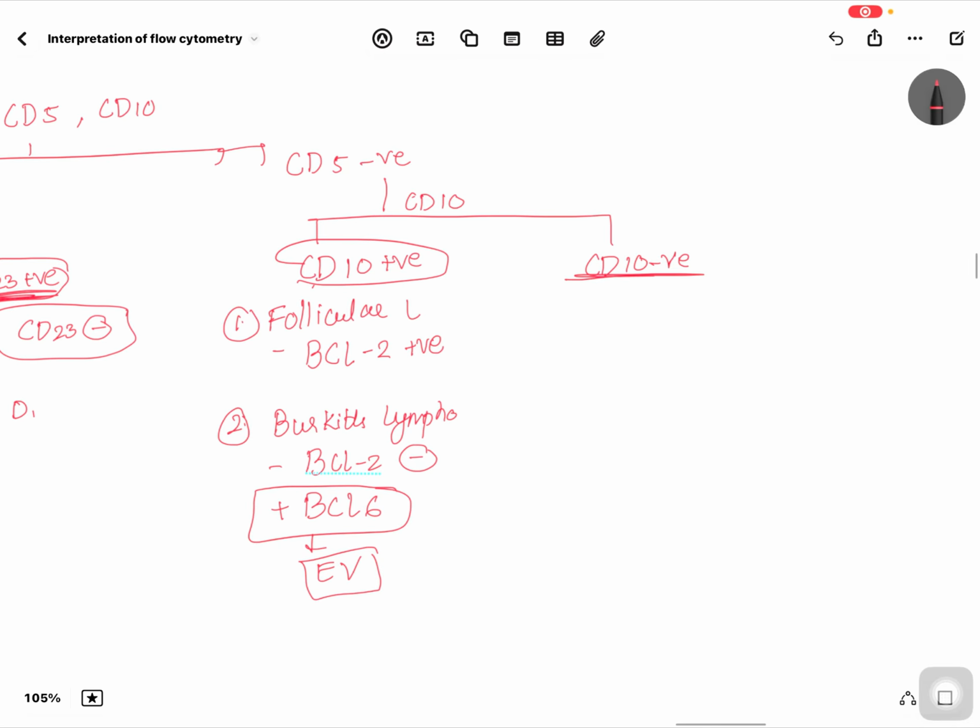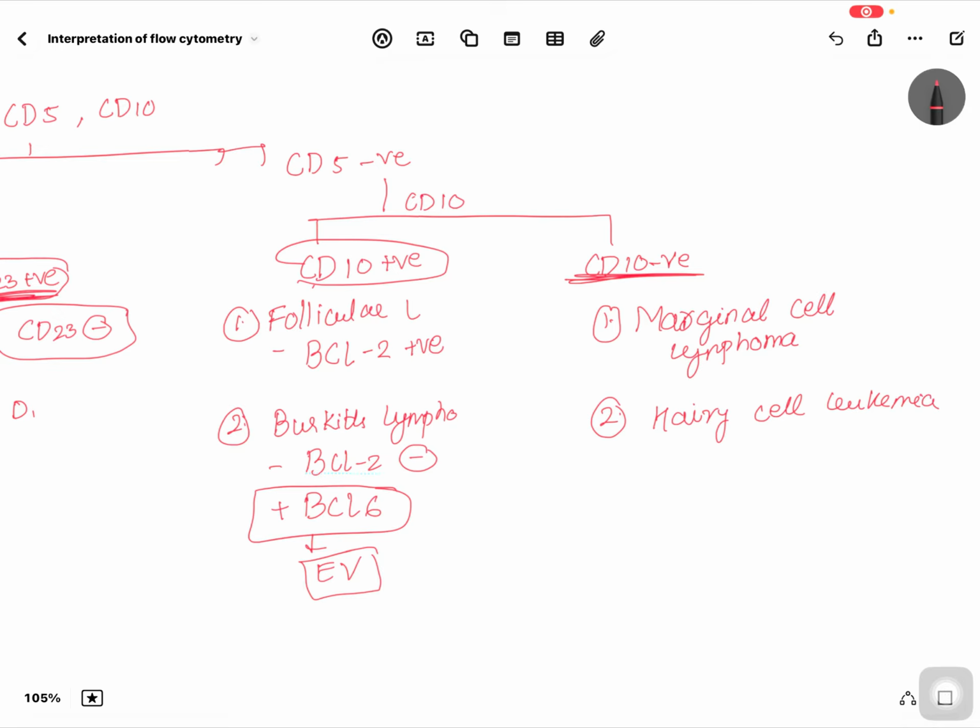Okay, moving on with CD10 negative. Then again two examples fall under this category. First one is marginal cell lymphoma. So these are CD5 negative and CD10 negative. Then second one is hairy cell leukemia.